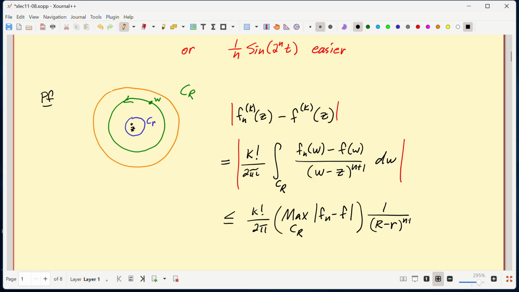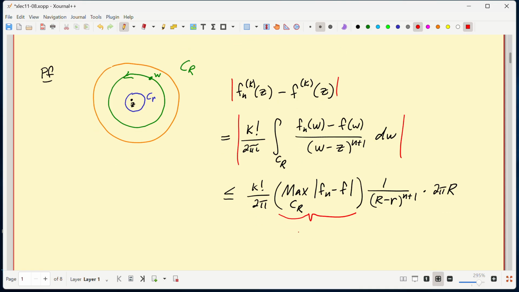That's the smallest that term could get. And then finally the length, 2 pi R. Okay. And so because of uniform convergence on compact, this goes to 0 by uniform convergence on the compact circle.